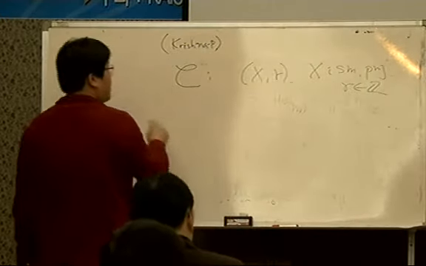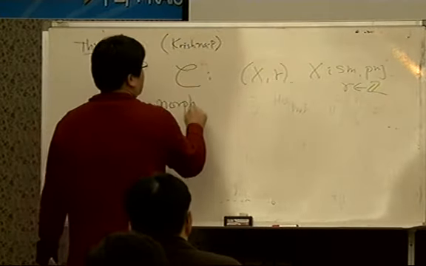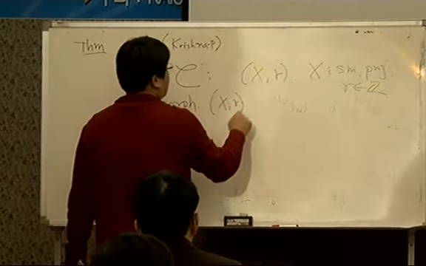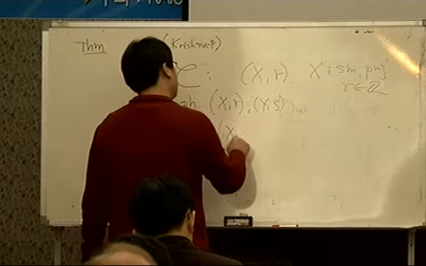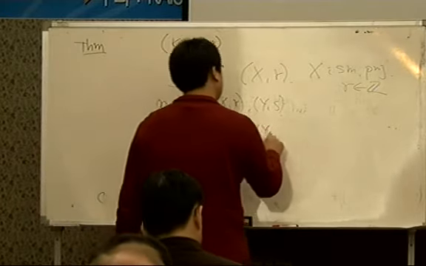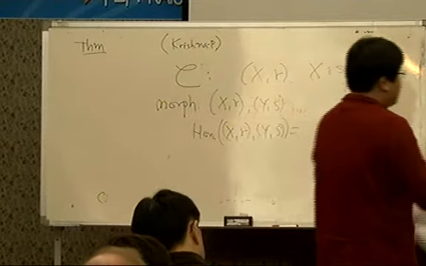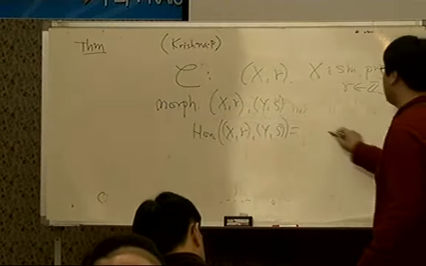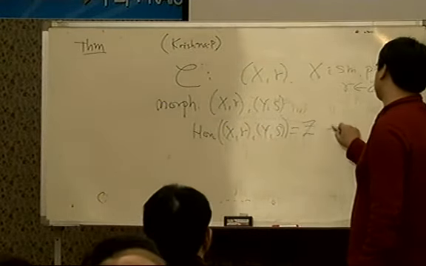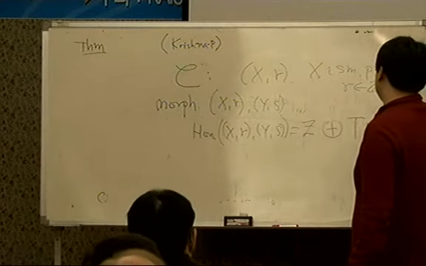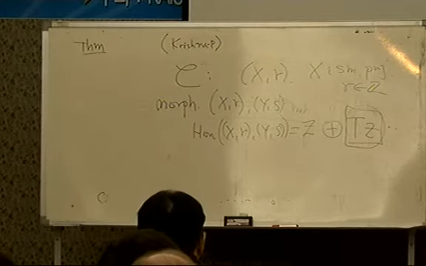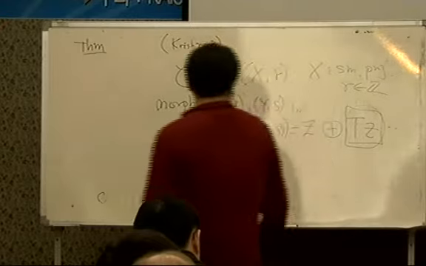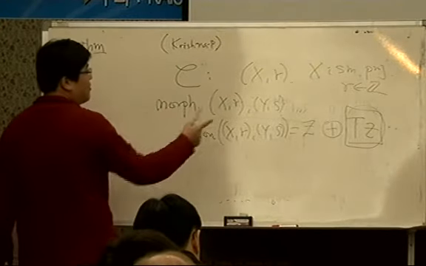And you can take morphisms of (X, R) and (Y, S) to be not just the higher Chow complex, but the higher Chow complex together with what is called the additive higher Chow complex that we were after. So we put both of them together.